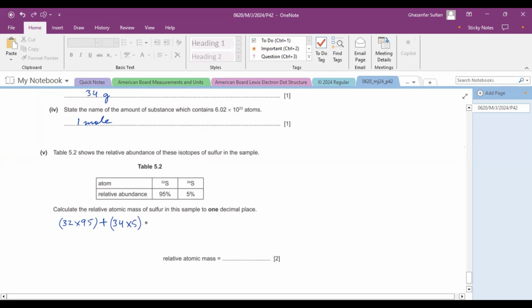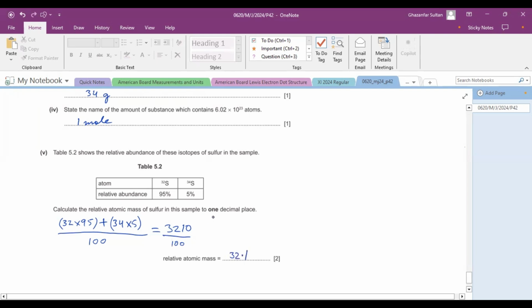and divided by 100, because we are taking percentages here. So it means out of 100. After multiplying and summation, it is 3210 divided by 100, then you will get 32.10.